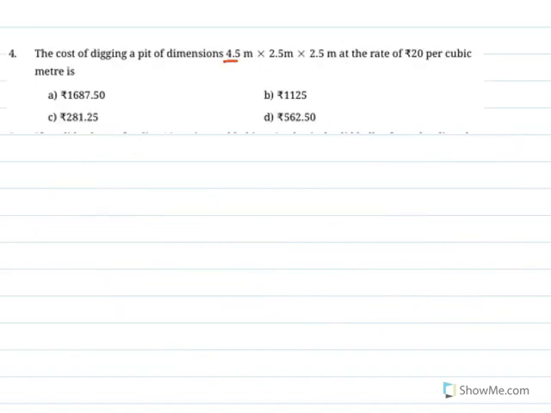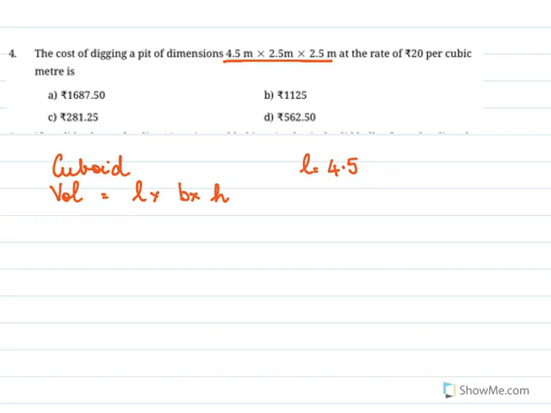The next one, the cost of digging a pit 4.5 by 2.5 by 2.5 at the rate of 20 per cubic meter. Here we are dealing with a cuboid and we need to find the volume of the cuboid, which is length into breadth into height. The length is 4.5 meter, the breadth is 2.5 meter, and the height is 2.5 meter.